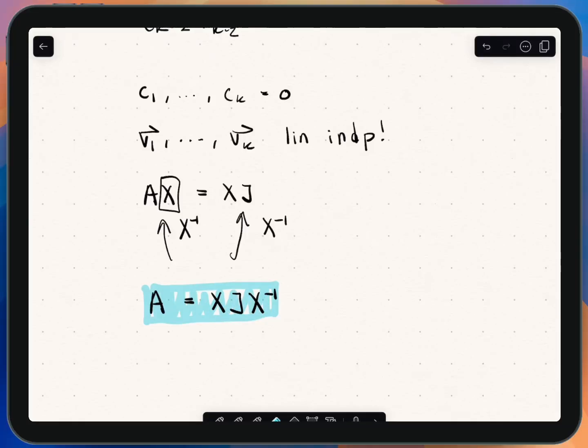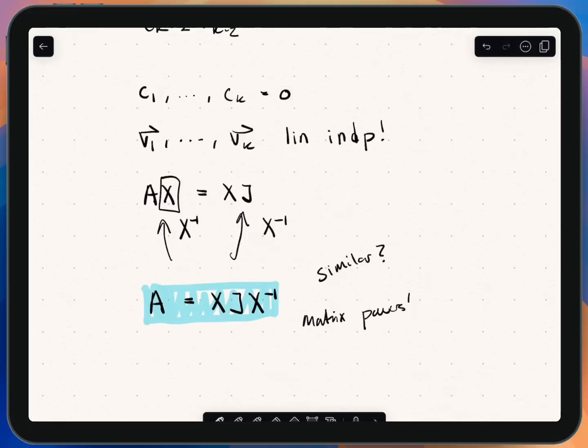And then again, you might ask, well, why do I even want to know why A is equal to XJX inverse? Well, that's a topic of the next video, but just as a little hint, remember about similar matrices? Remember about matrix powers?